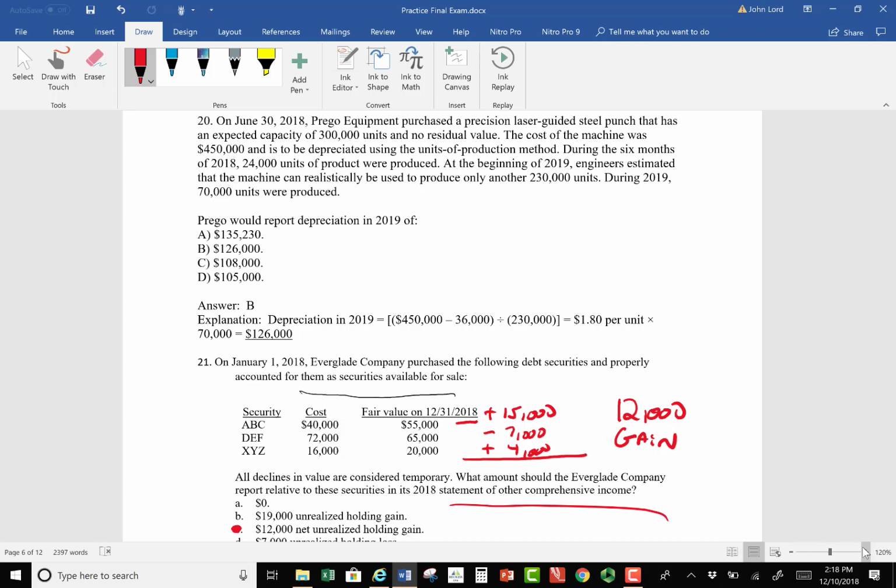Okay, so that's a $7,000 loss. And then the XYZ security is up, so we got a $12,000 net gain here for these. That's going to be a debit to the fair value adjustment, credit to other comprehensive income, right? Okay, good.